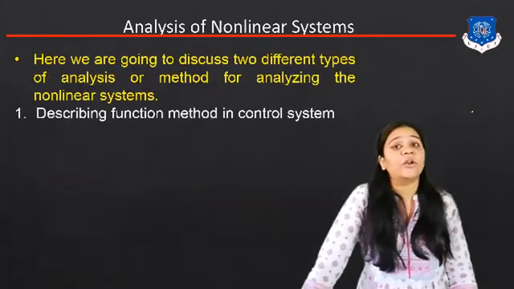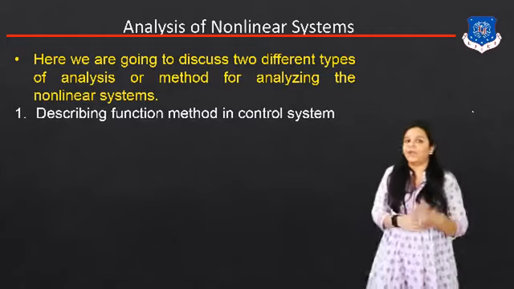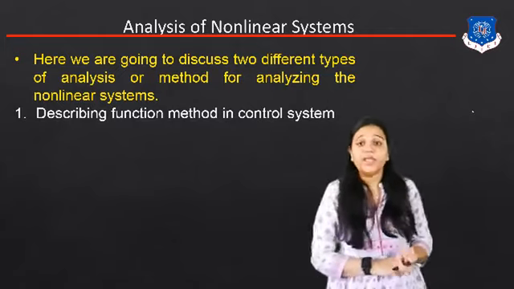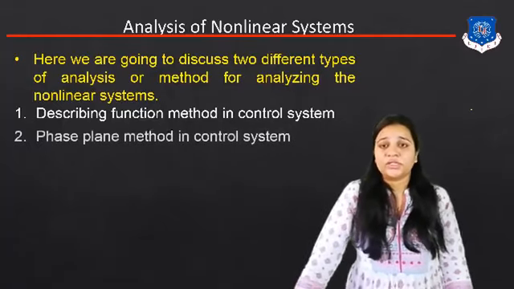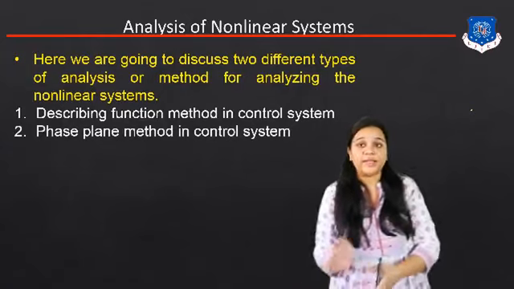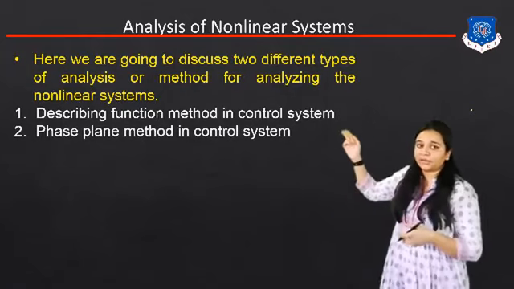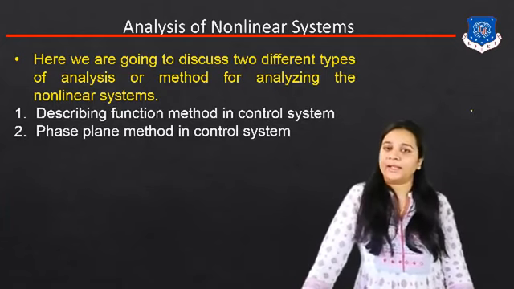Here we are going to discuss two different methods for analysis of the non-linear system. The first one is the describing function method in the control system, and the second one is the phase plane method in the control system. Using these two methods, we can do different types of nonlinear system analysis.